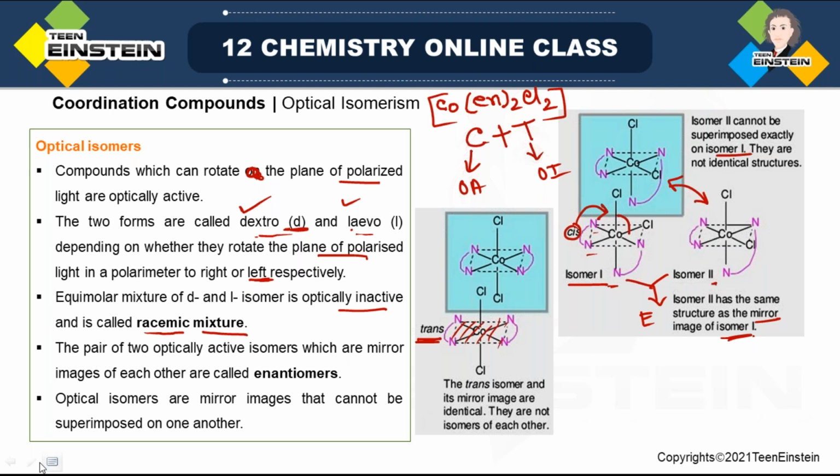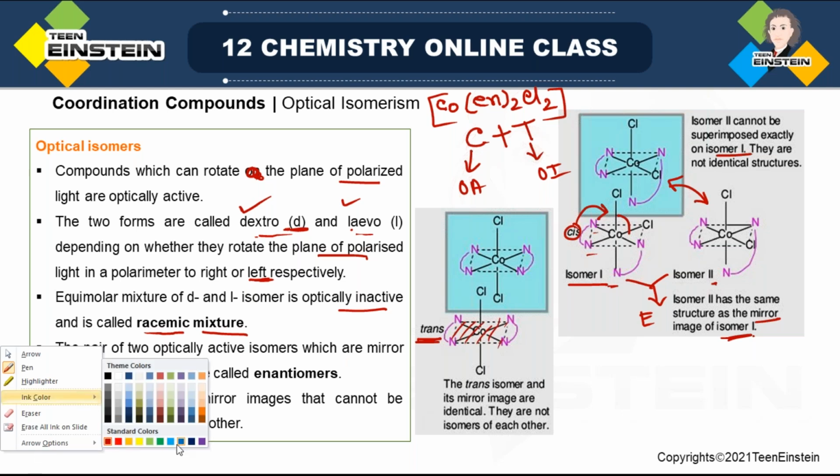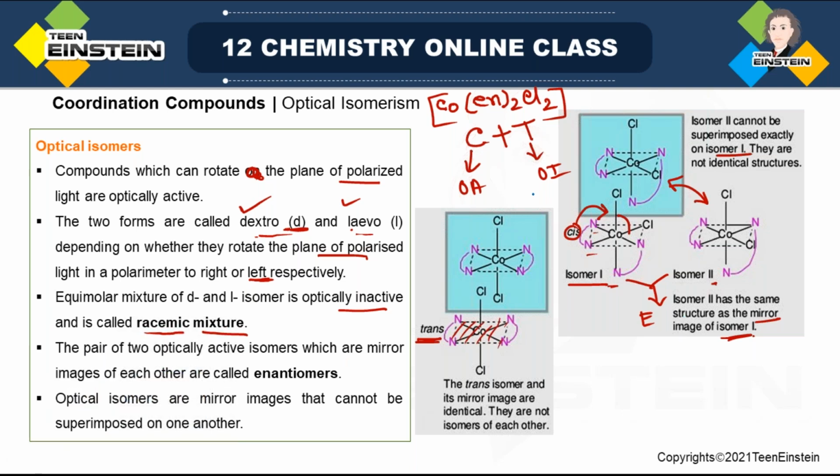So if the question is asked, for this particular complex how many stereoisomers are possible, then the answer will be 3. And if it is asked how many geometrical isomers are possible, the answer will be 2, only cis and trans.